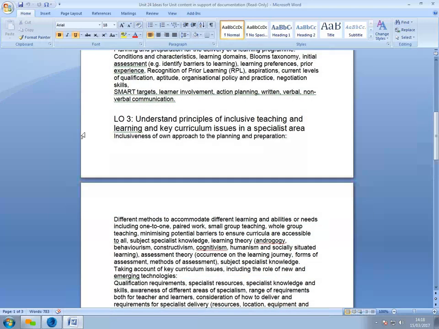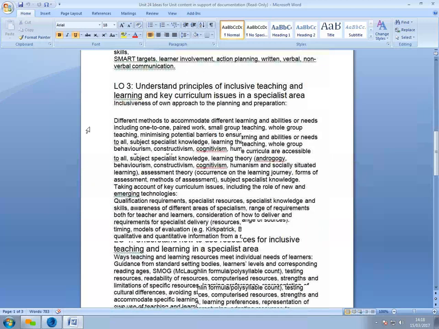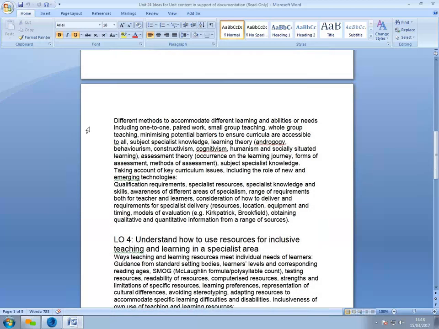LO3, the principles of inclusion, teaching and learning. Different methods to accommodate different learning abilities and needs, including one-to-one, paired work, small group teaching, managing potential barriers, and again we looked at barriers to learning in Unit 1.